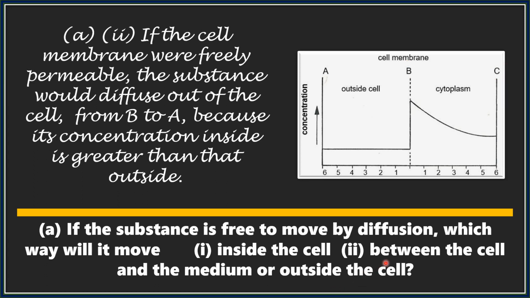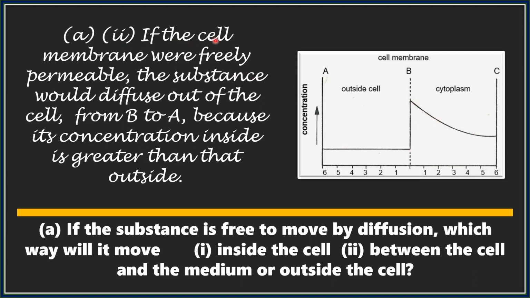Part 2. Between the cell and the medium, or outside the cell. So what will happen between here, the cell, and then outside? From here you can see that the concentration of the substances outside the cell is lower compared to the concentration inside the cell.